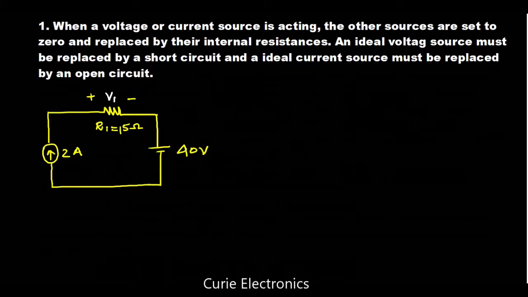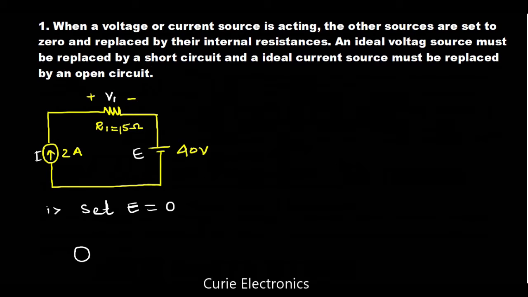As per the first step, we have to replace the inactive sources by their internal resistance. First we will activate the current source. So set E, that is the 40 volt source, equal to 0. Now I'll redraw the circuit.